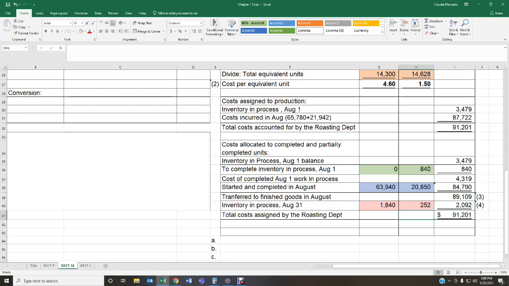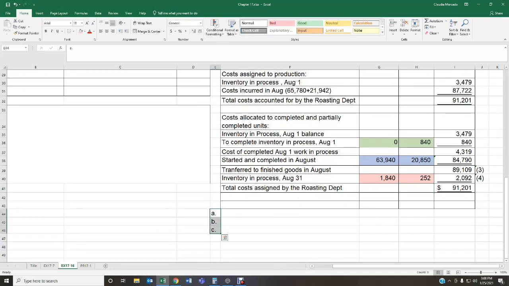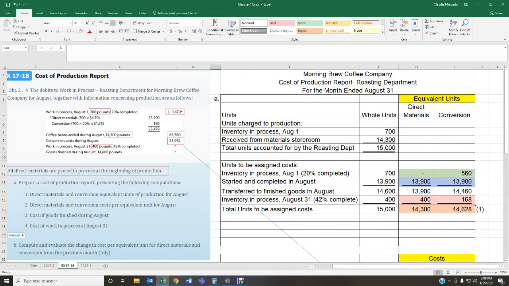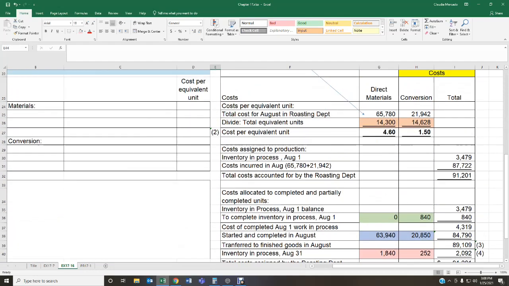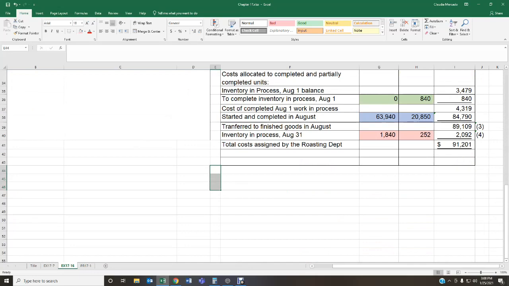The inventory in process represents the portion that has been completed as of that point in time. It's still not done, but that is the cost associated with beginning the process for those goods right there. So the total cost assigned by the roasting department will be a total of 91,201. So that is requirement A, items 1 through 4, and these are the items 1, 2, 3, and 4.